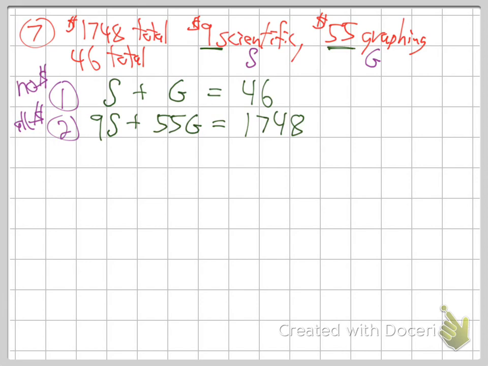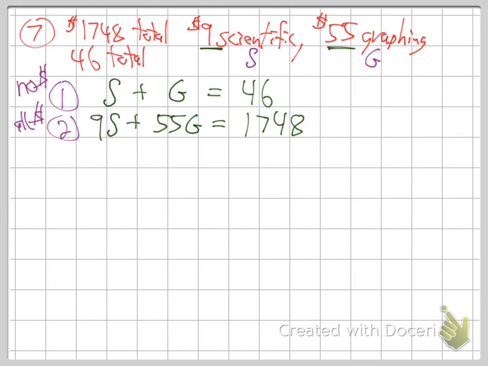So now, what are we going to do? We go back to the no money formula and get one of the others by itself and then plug it in. Yeah.